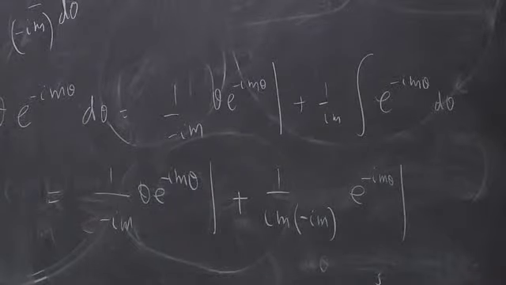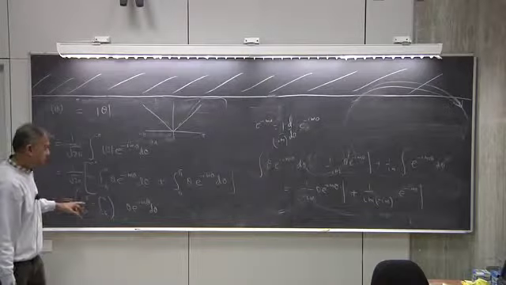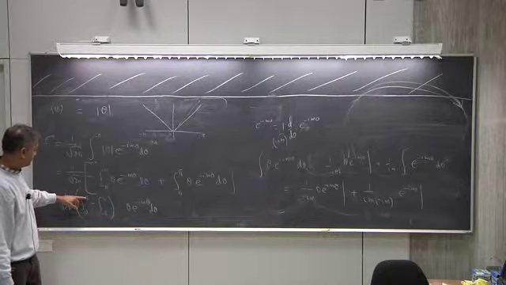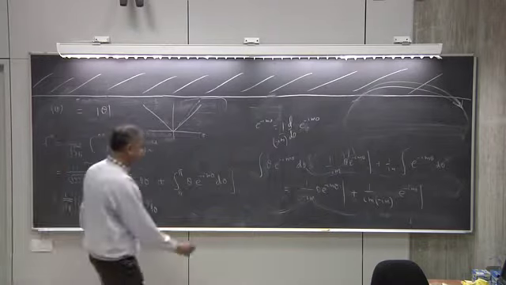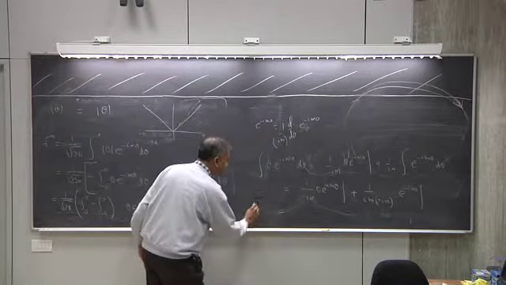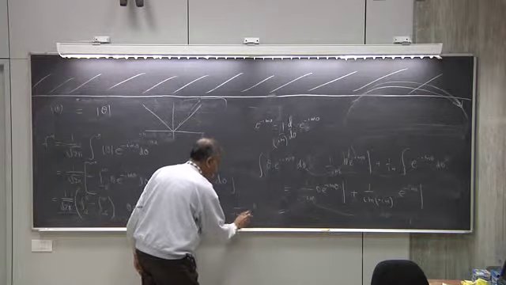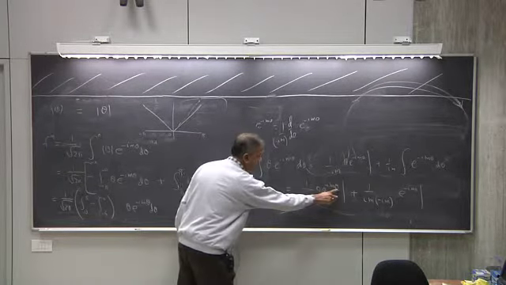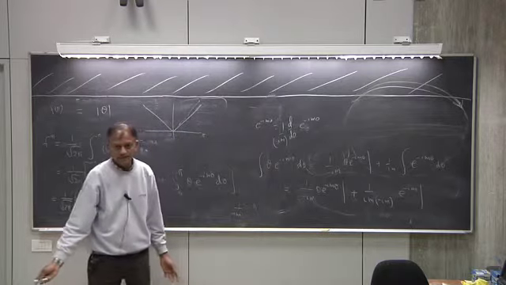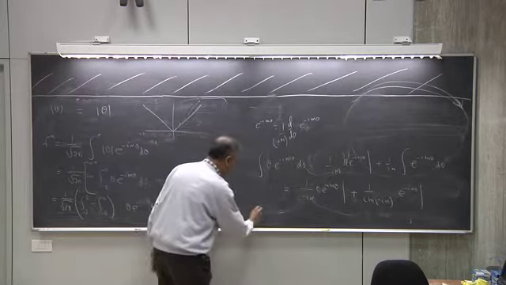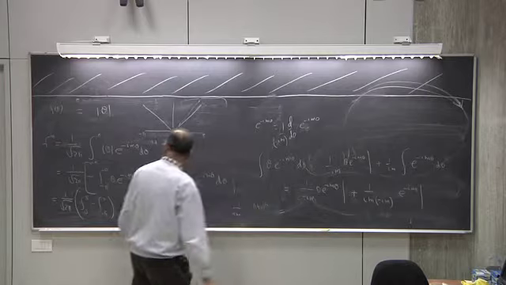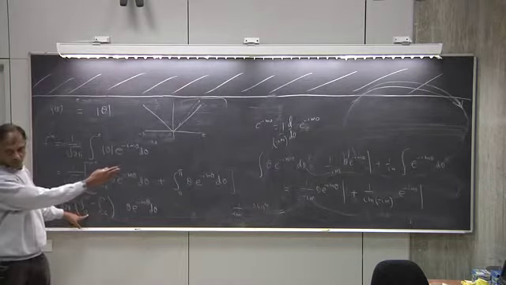Okay, so let's evaluate these things. For example, let's look at the first term. Theta equal to pi and 0. The first part gives you 1 over minus i m, pi times e to the minus i m pi, which is minus 1 to the m. And then at theta equal to 0, it doesn't contribute because theta is 0.